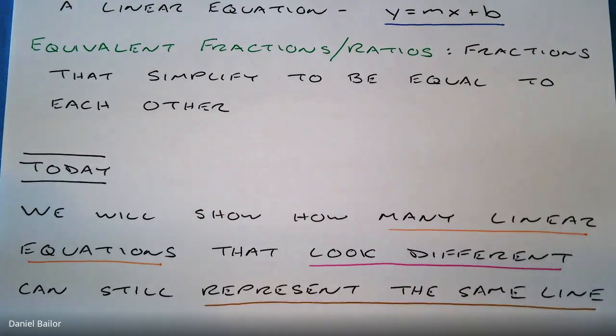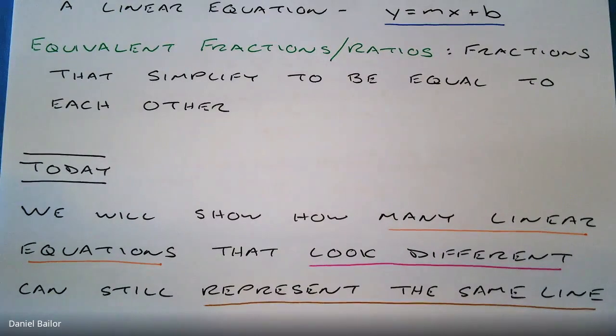They might be written in different kinds of standard form. But what they really are is they represent the same line. Sometimes equations, even if they look different, are for the same line. They look different, but they are the same line. And we're going to see that today.